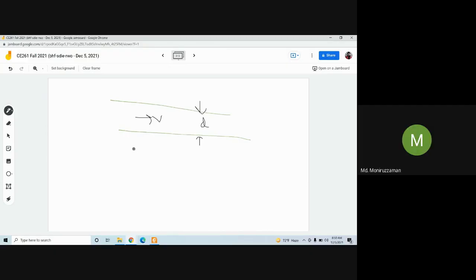We calculate the Reynolds number, and then see whether the value is less than 2000. This is laminar. If the value is greater than 4000, this is turbulent. And in between 2000 and 4000, that will be transitional.